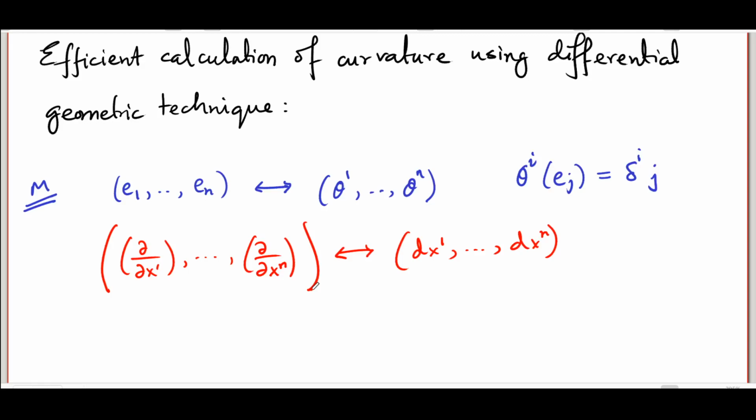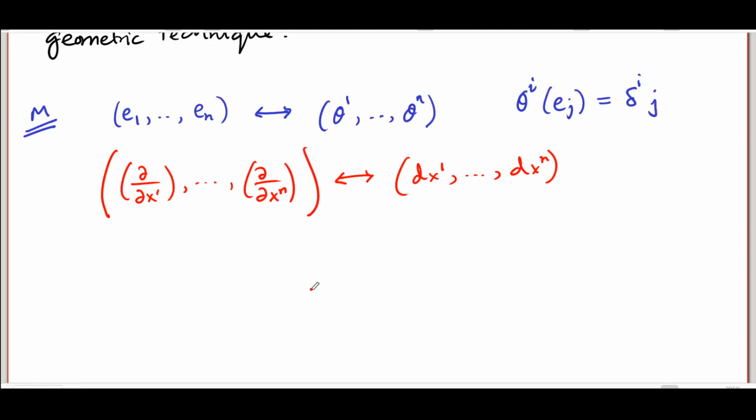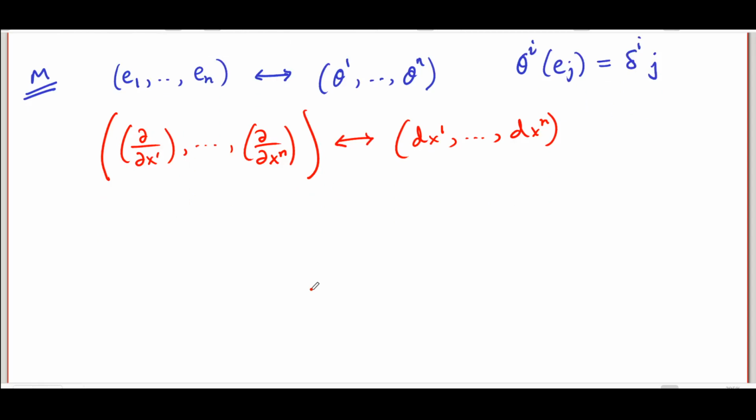Now, the kind of thing that we are going to calculate involves something called curvature, but before we go to curvature, we need to talk about connection. I'm of course not going to talk about the full theory of connections. I will just mention that a connection ∇ assigns to a smooth vector field X a map ∇_X, the covariant derivative with respect to X, or directional derivative in the direction of X. At least this is a generalization of the notion of directional derivative in the direction of a particular vector that we have in ordinary calculus.